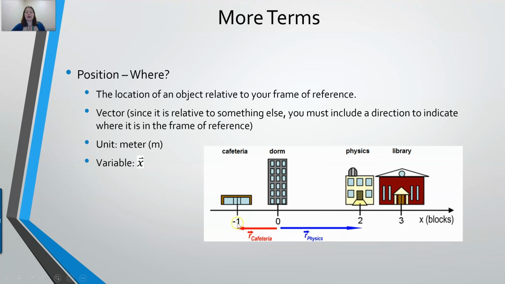And in this case, the cafeteria is negative 1 units. Ignore that r there. I got this picture on the internet and it's a lovely picture. The r is a little questionable for what we're talking about. So that should be an x. But the cafeteria is negative 1 blocks, miles, whatever from the dormitory. The physics lab is positive 2, right? Because it's in the opposite direction.